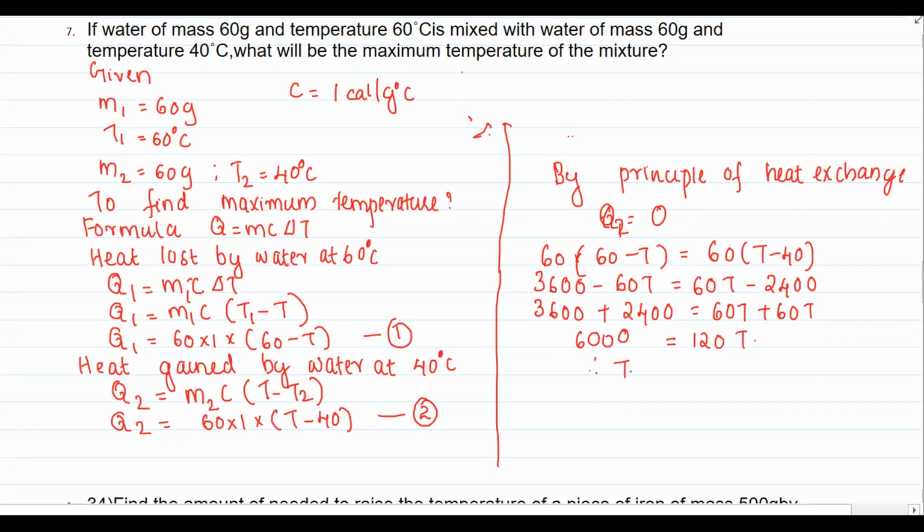Therefore, T is equal to 6000 divided by 120. 0 0 cancelled. 600 divided by 12. That is equal to 50. 50 degrees Celsius.